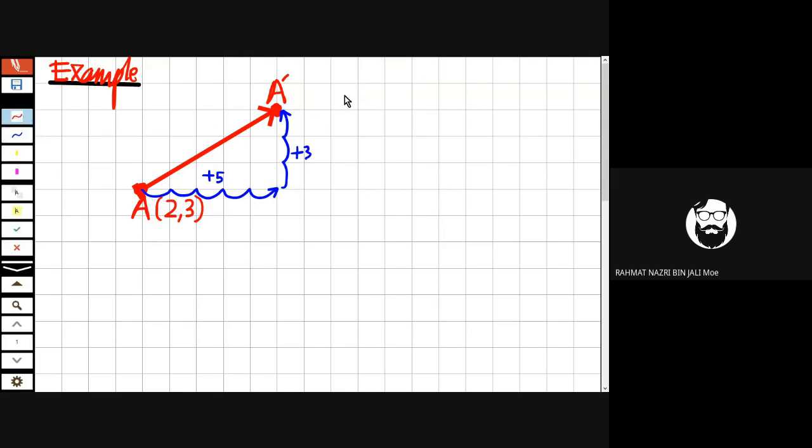Jadi soalan dia ialah determine the coordinate of A prime.